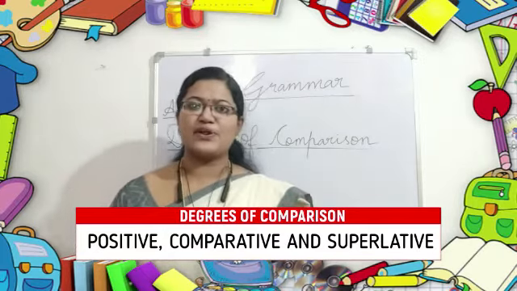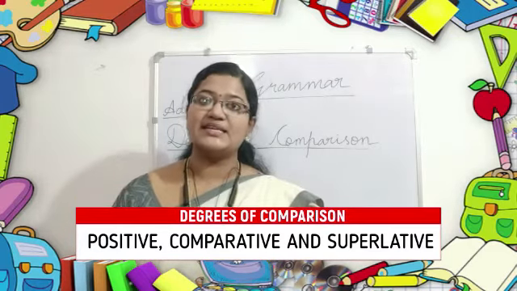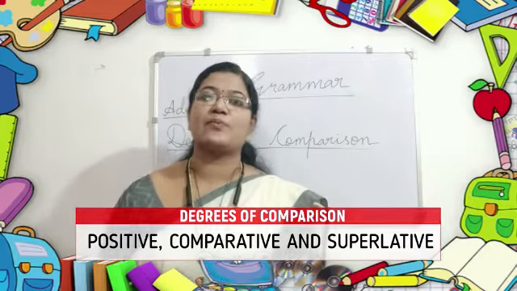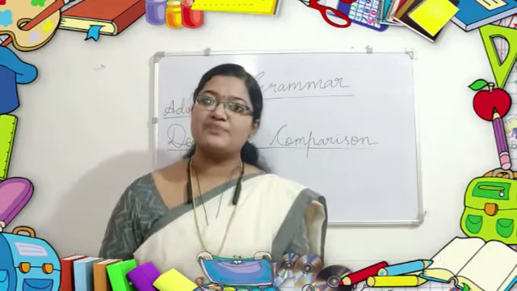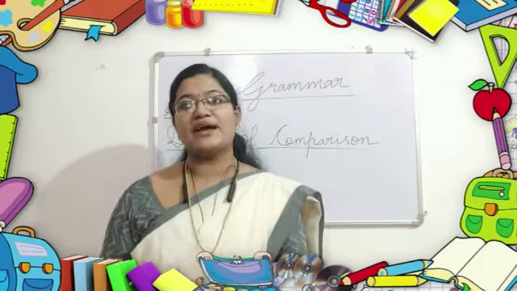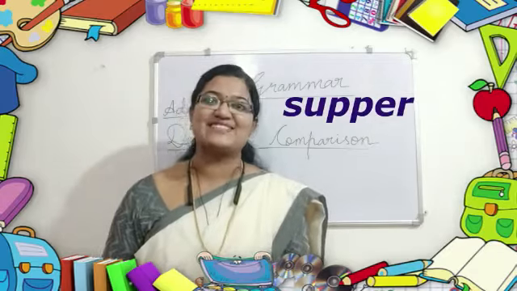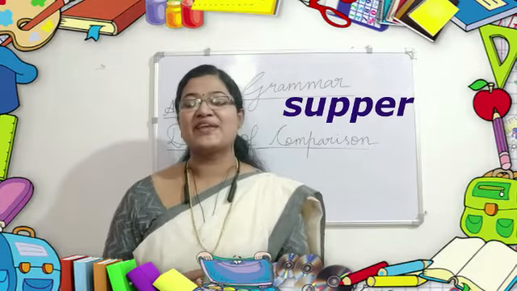Superlative, S-U-P-E-R-L-A-T-I-V-E, superlative. When you write the spelling for super, S-U-P-E-R, only one P. If you write S-U-P-P-E-R, that is not super, it will become supper, which means dinner. Okay?